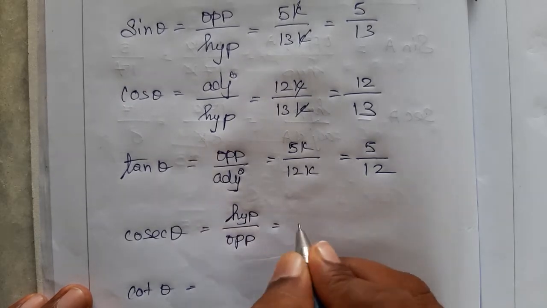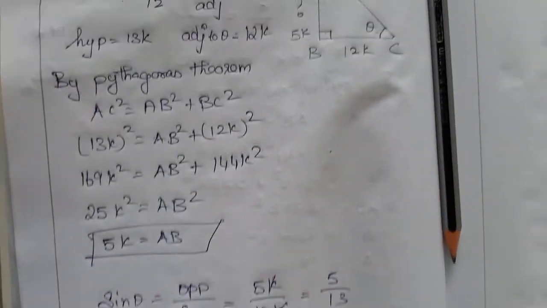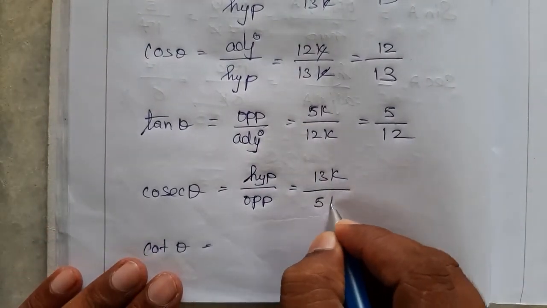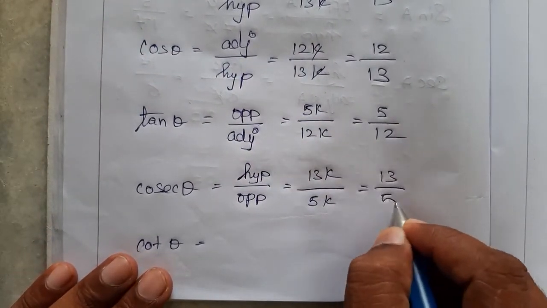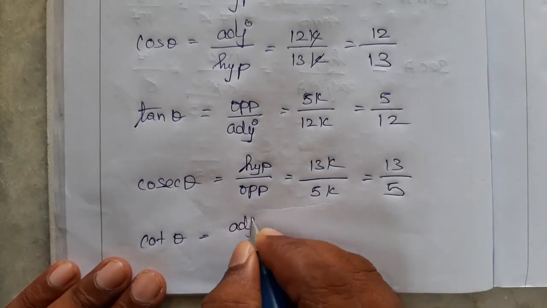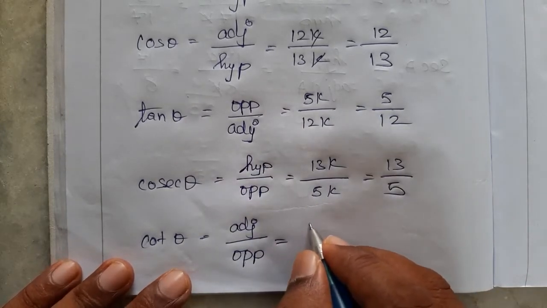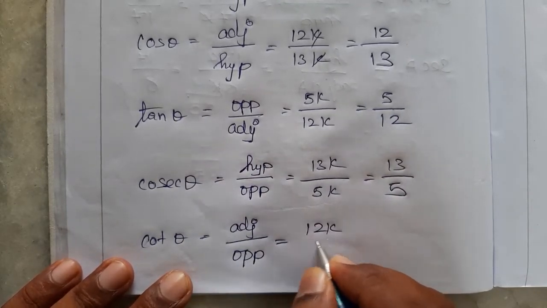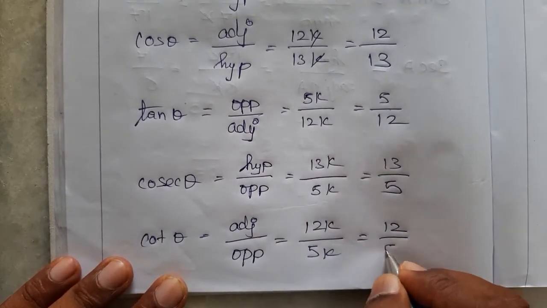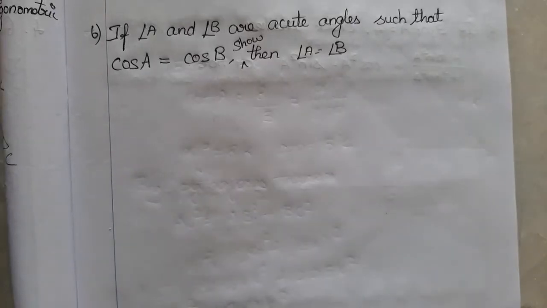We know that hypotenuse is 13k and opposite is 5k. Let me confirm it. Opposite is 5k. So we get 13 by 5, and cot theta is adjacent by opposite, with adjacent 12k and opposite 5k. So it is 12 by 5. That's our answer. Here we go for the next problem.